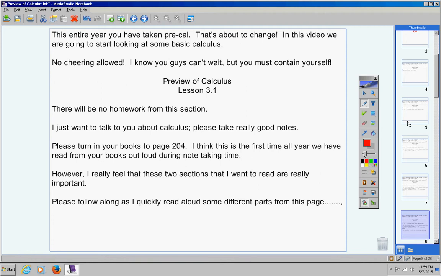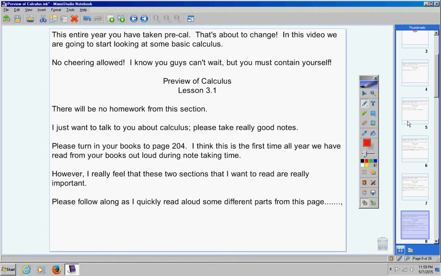But to analyze the velocity of an accelerating object, there's change, its speed is not the same as changing, so you need calculus. Let's go over that again. An object traveling at a constant velocity can be analyzed using pre-calculus, but for an object moving at an accelerating velocity, you need calculus.